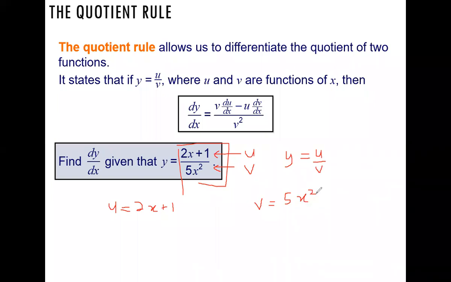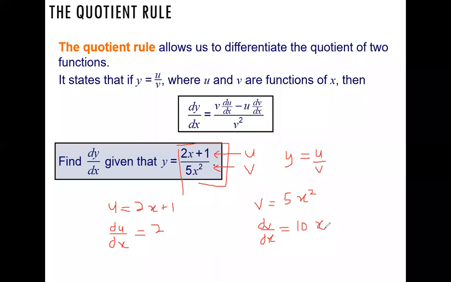Then we differentiate u with respect to x. So du dx will give us 2, and dv dx will give us 10x.